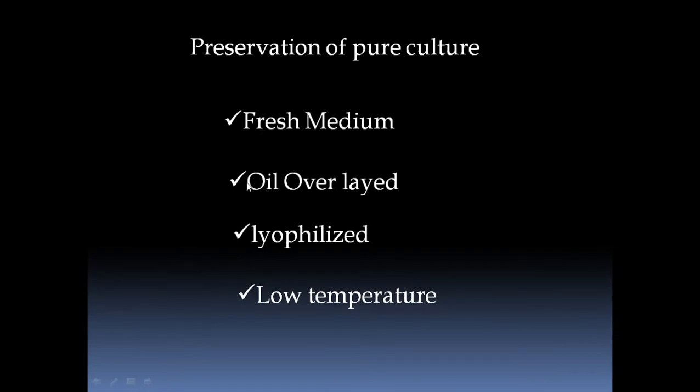The other way I can do it is very interesting, in which I'll try to lengthen the time span of their growth and development, right? In the fresh medium method, I provided fresh medium after 1 week. I can make a certain modification so that it can cross the 1 week too.